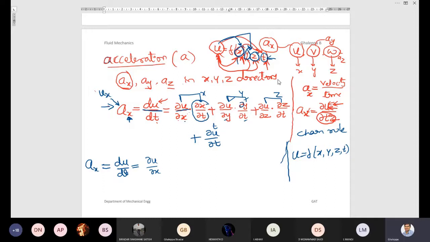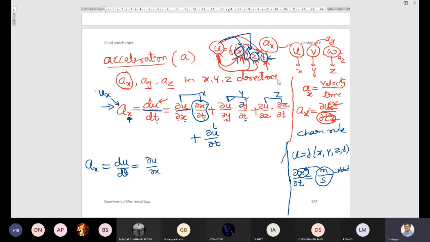This term I will write like this: dou x by dou t is equal to. What is the unit of x? If I ask you, the point is located at a distance of x, what will be the unit of x? That is meters. Divided by, what will be the unit of time? It is seconds. So meter per second is what? Again, it is velocity. It is a velocity term. Velocity in which direction? Velocity in x direction. Velocity in x direction will be represented by which?